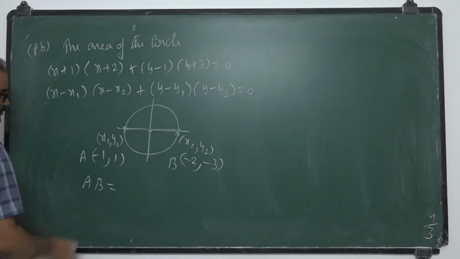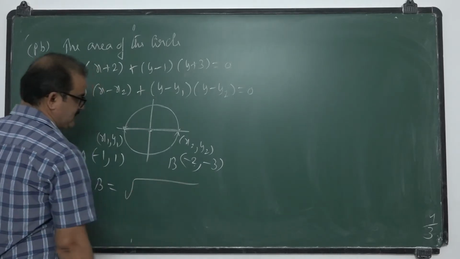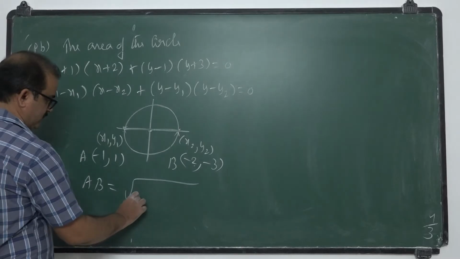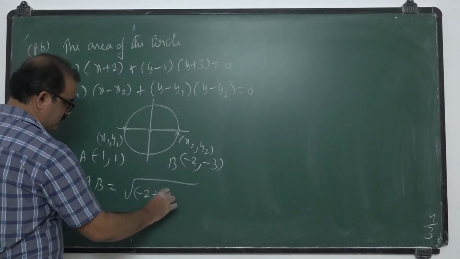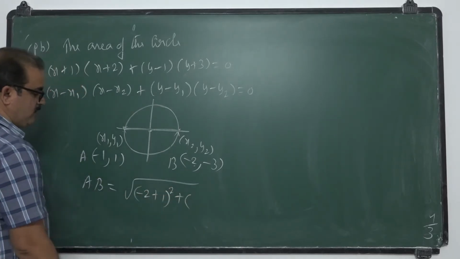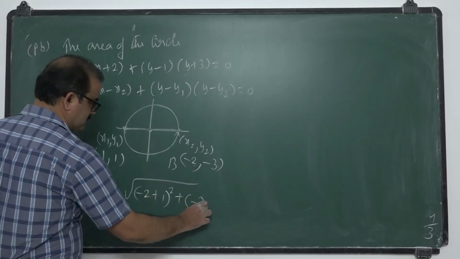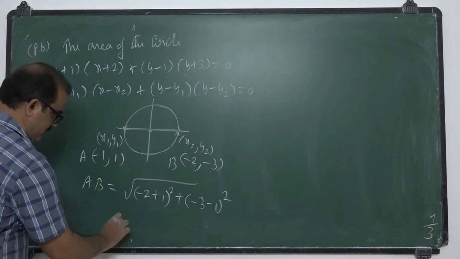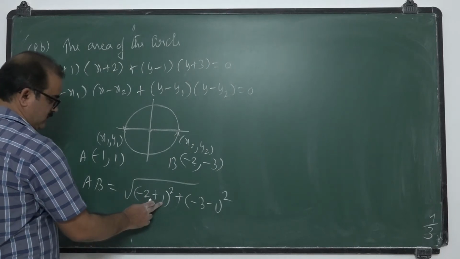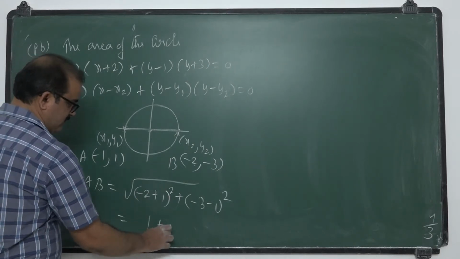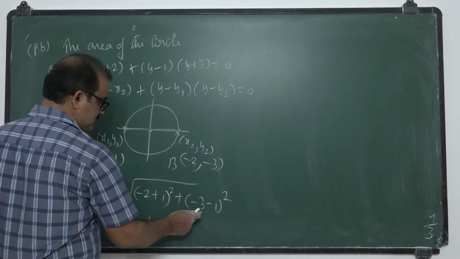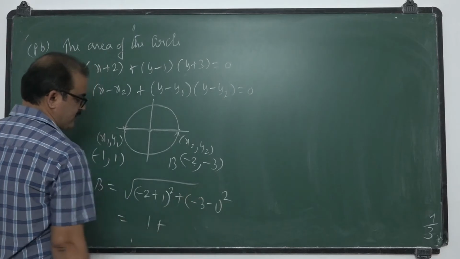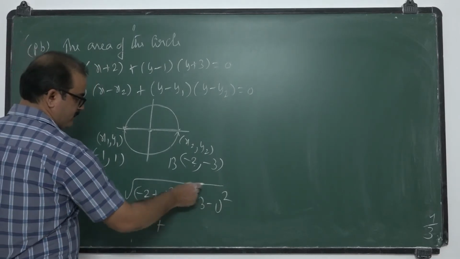AB is the distance between 2 points, root of (x2 - x1) whole square plus (y2 - y1) whole square, that is (-2 + 1) whole square plus (-3 - 1) whole square, 1 square is 1, plus (-4) square, 16.